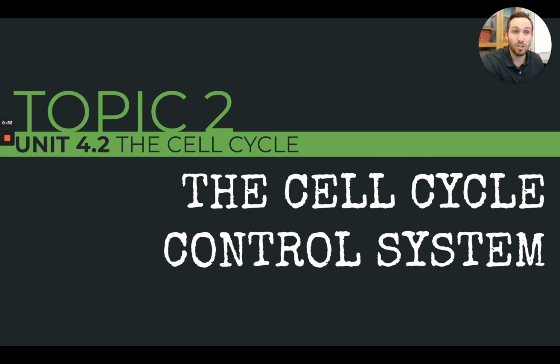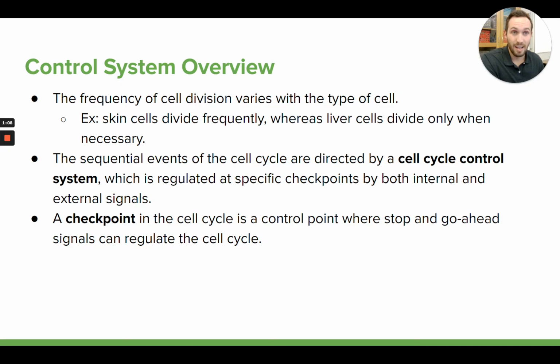And so there's a whole control system built into the cell cycle to help make sure that cells are dividing when they're supposed to and not dividing when they're not supposed to. And when they are dividing, making sure that they are dividing correctly and successfully producing beautiful daughter cells. And so that's what we're going to look at in topic 2, is how that takes place and some of these major components that help control that and make sure that's all working correctly.